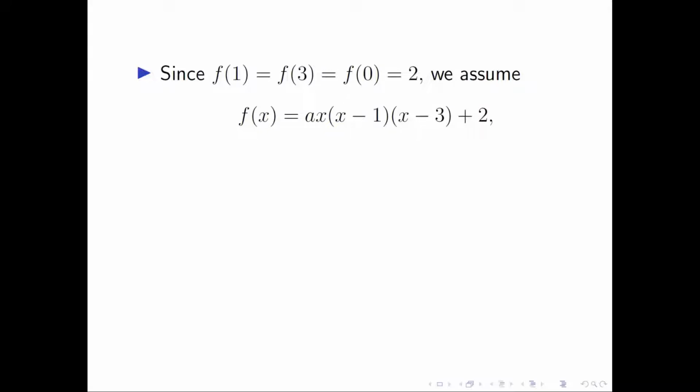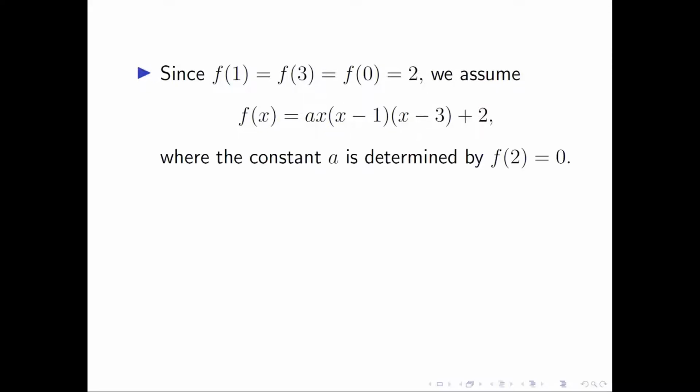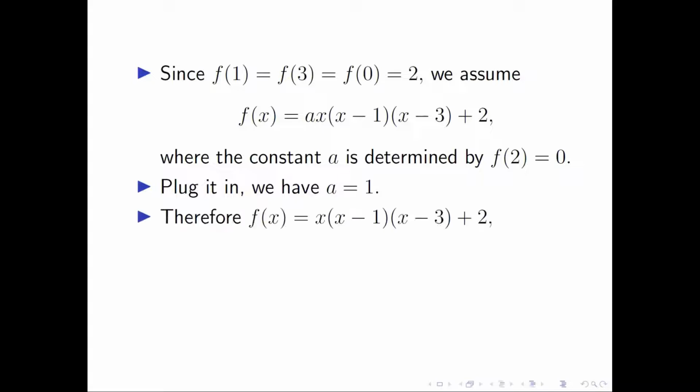We have another parameter a to be determined. Fortunately, we have one more condition, f of 2 equals 0. Plug it in, and we have a equals 1. Then the function f of x is x times x minus 1 times x minus 3, plus 2.